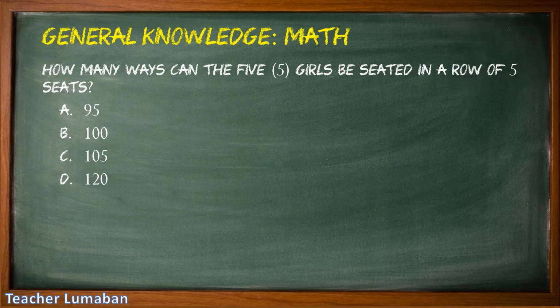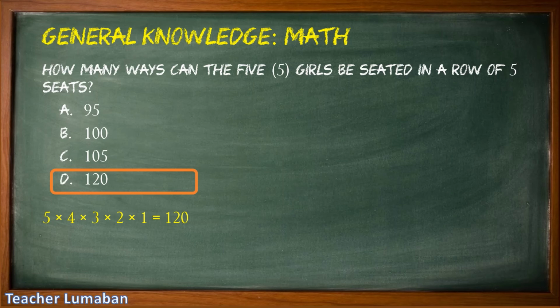The correct answer is letter D, 120. So there are 120 different ways to seat 5 girls in 5 chairs. There can be 5 girls selected for the first seat. Then, there are 4 girls to select from for the second seat. Then, there are 3 girls for the third seat.